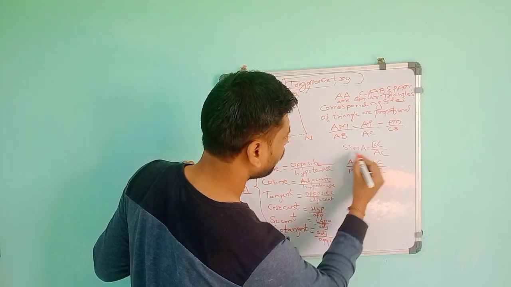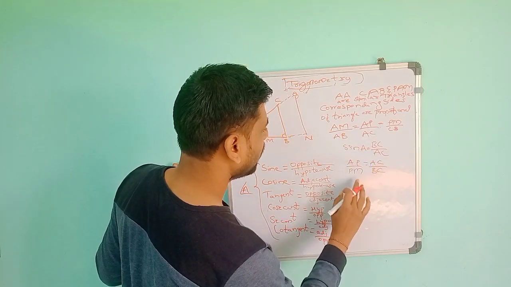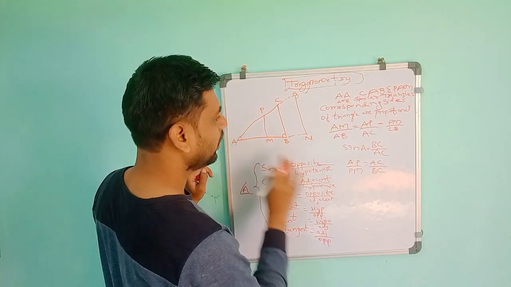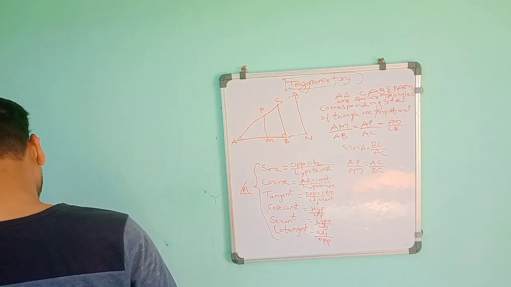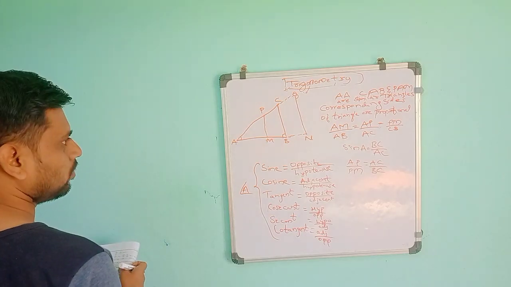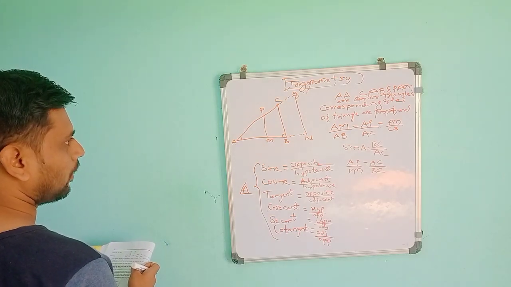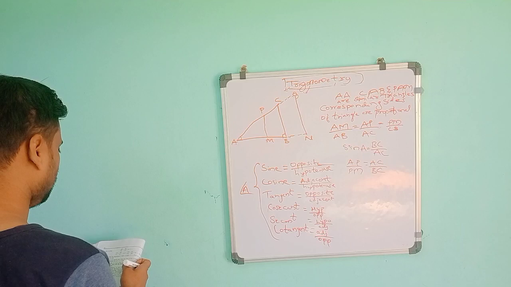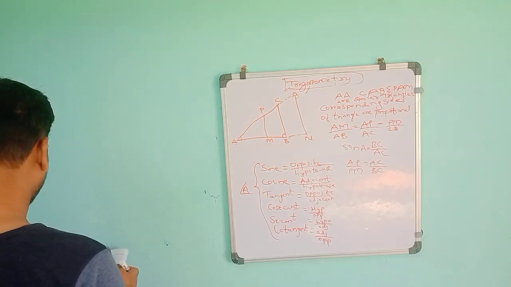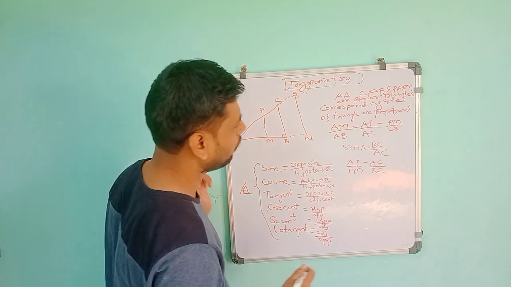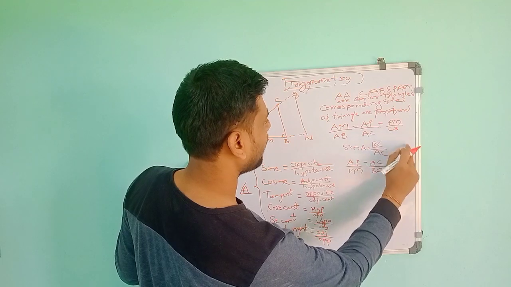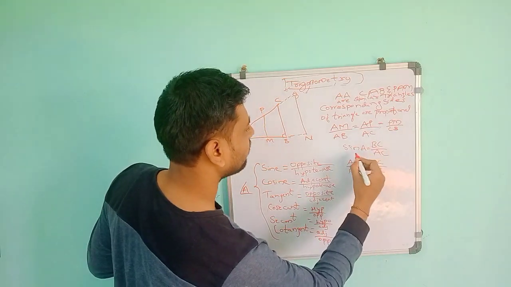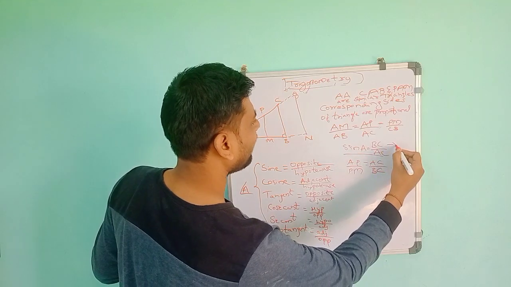So sin A becomes BC by AC, and for the same, sin A is also PM by AP. So AP by PM is equal to AC by BC.